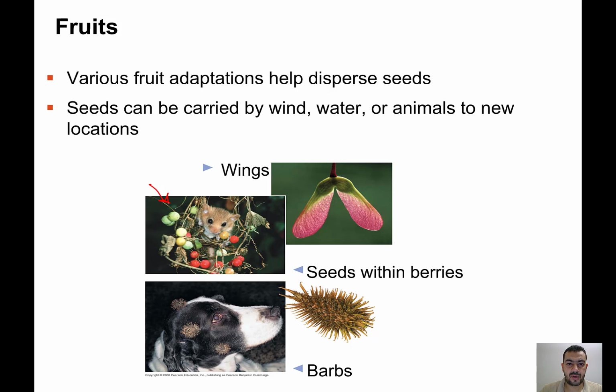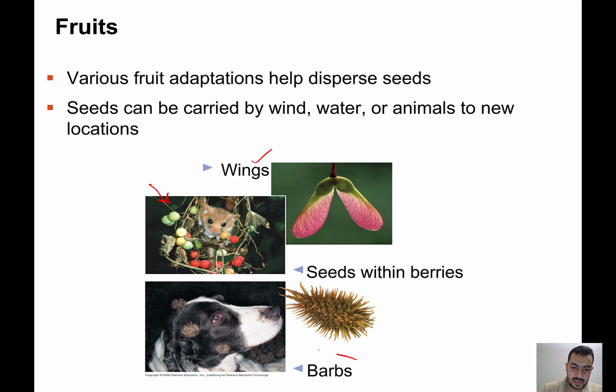So this is one adaptation for dispersal of the seed, but there are also other ways, for example, to be dispersed by wings. As you can see, the adaptation is in the shape, which allows the fruit to be light enough to be carried by the wind. So this one is going to be wind dispersed.